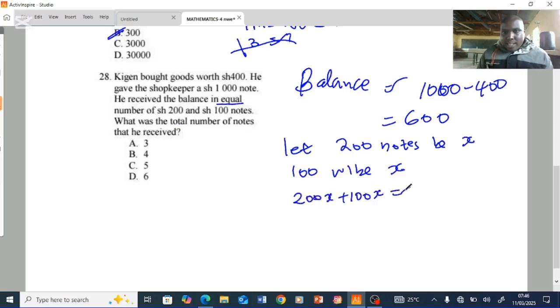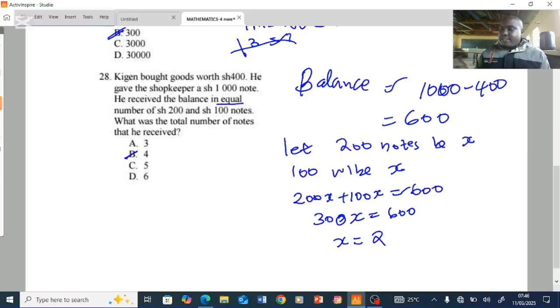The answer is going to be 600. 300X is equal to 600, meaning X is equal to 2. So there were 2 notes of 200 and 2 notes of 100. So how many notes were there in total? They were 4: 2 of 200 and 2 of 100.